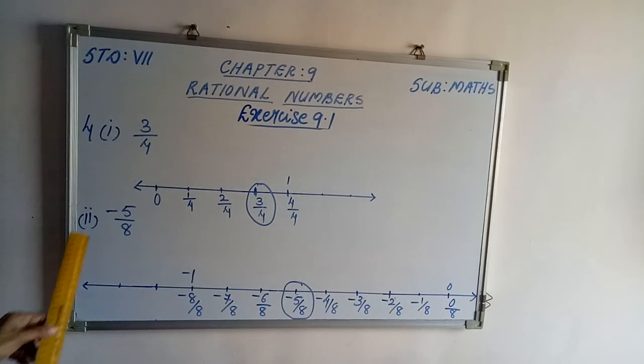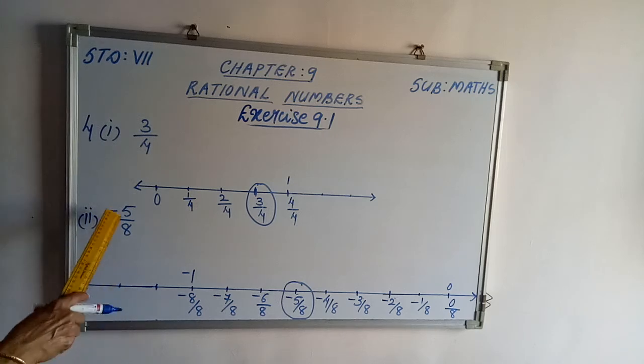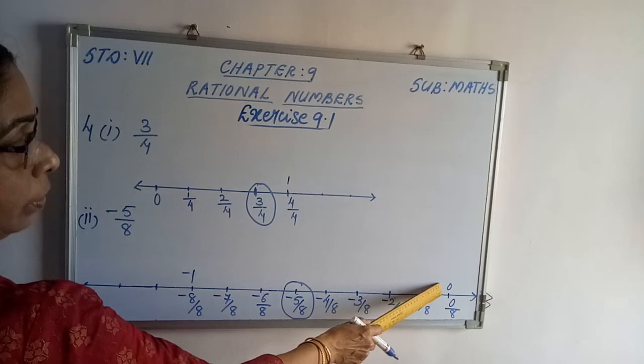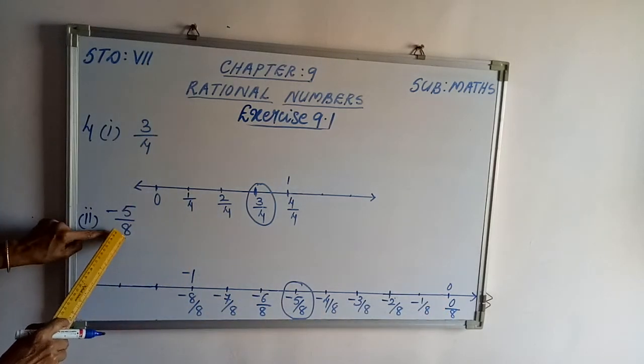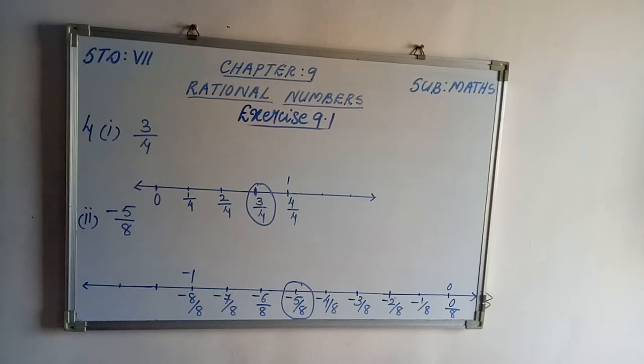See the second question of the fourth one. You have to represent minus 5 upon 8. See here, 0 means 0 upon 8. So the denominator is 8, so how many divisions? 8 divisions.